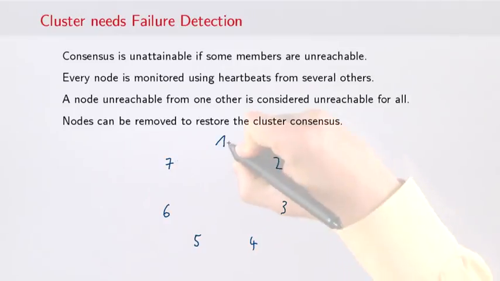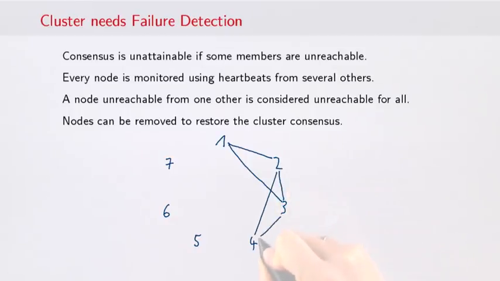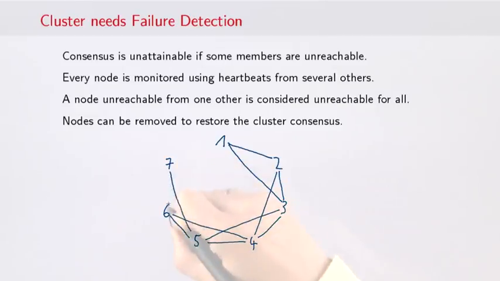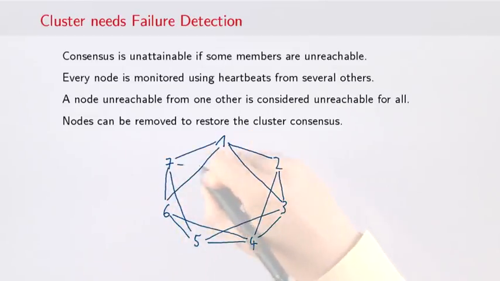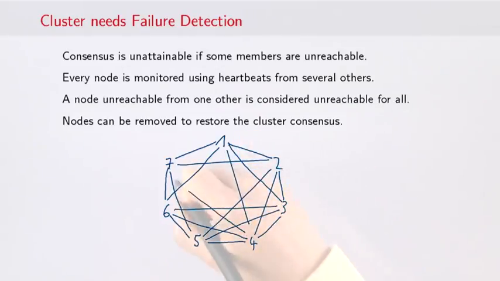And then we could say that 1 monitors 2 and 3, 2 monitors 3 and 4, and so on. This would be a picture if every node would monitor 2 others. For a more tight mesh, we could also make it 3 for example, then it would look like this.